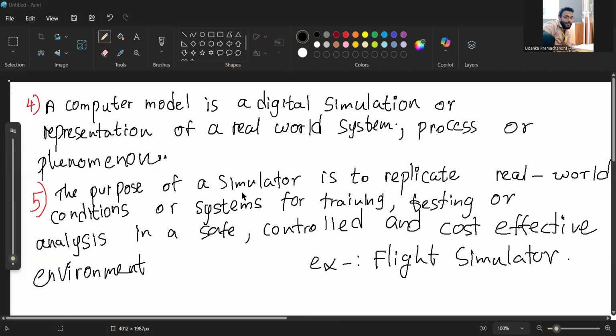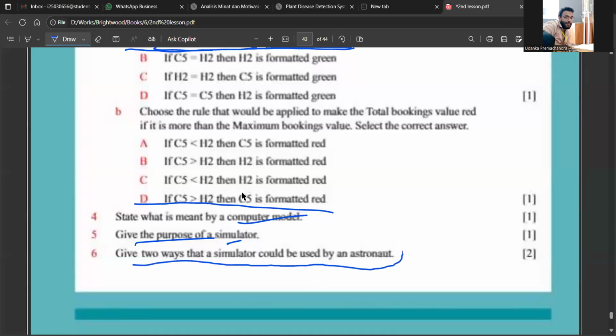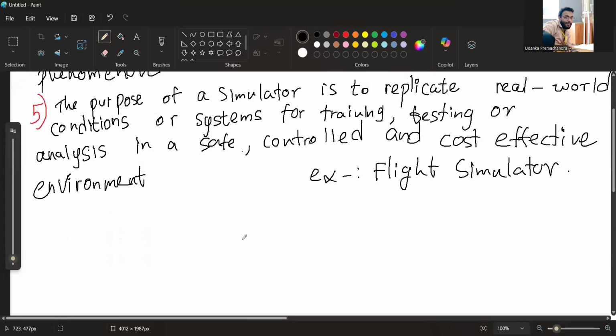And about the next question, give two ways simulators could be used by astronauts. Before launching a rocket, something like that. Astronauts also use these simulators. They practice the condition of the atmosphere. Mainly they are training for space missions.